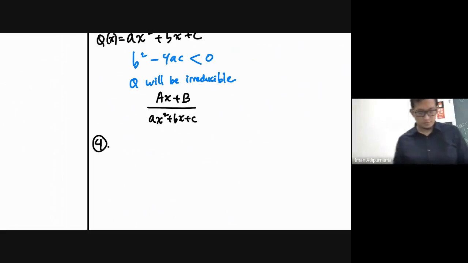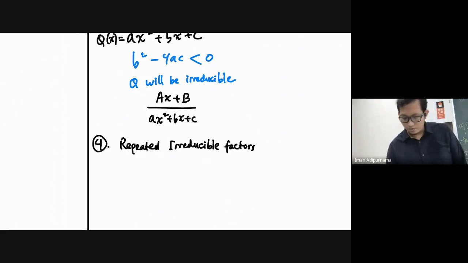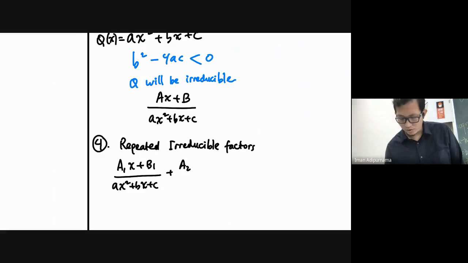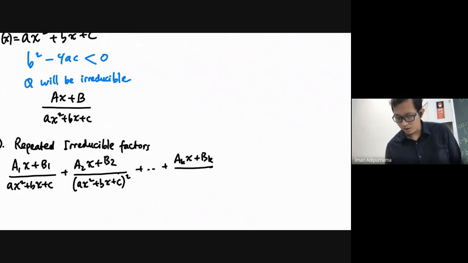So based on the irreducible factors property, you can have the first term, and then you can have the second one, and plus, until some constant k.